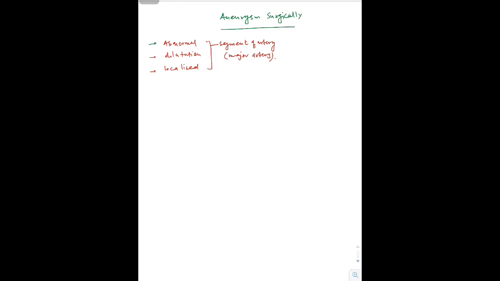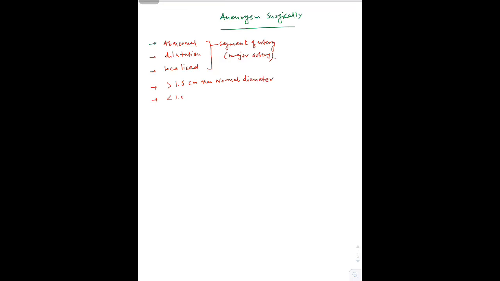So what is the limit after which we call it an aneurysm? So guys, if the bulging or the dilatation is more than 1.5 centimeter than normal diameter, then it is called an aneurysm.